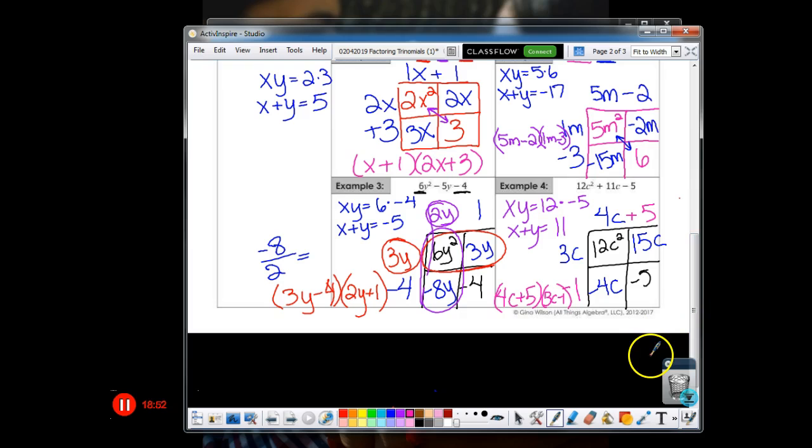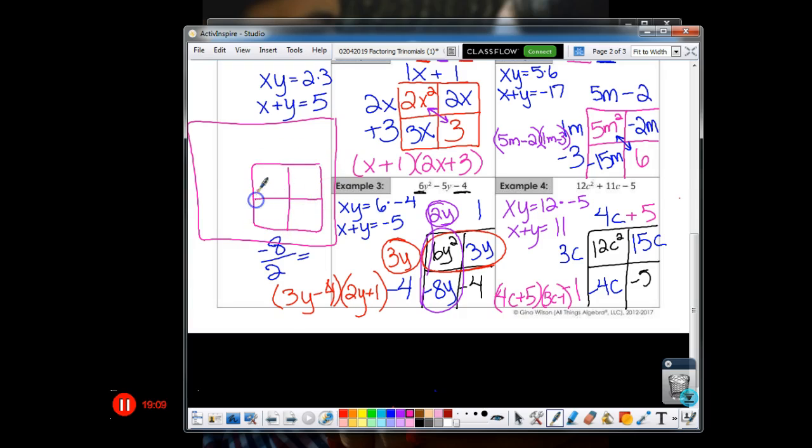Hold on. The only way that would work is that. Here, let me show you. I'm going to show you right here. The only way that you could reverse it is if you had this. So if you had 12c squared and negative 5, and you had put the negative 4c and the 15c, then it would be reversed.